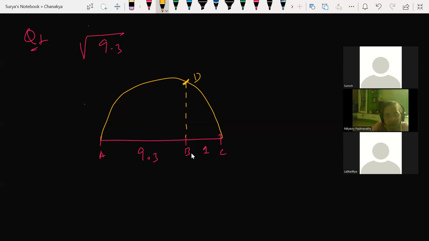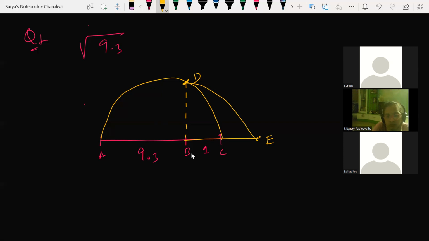I'm drawing one more arc such that BE is equal to BD. Look at this, I'm drawing an arc to E like this, where BE is equal to BD. Understood my point?